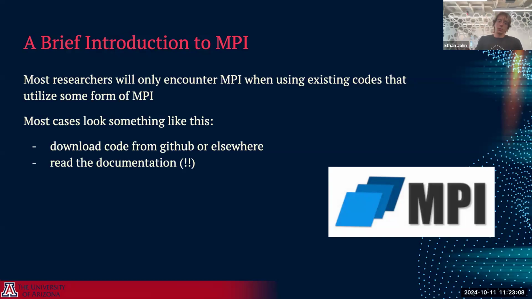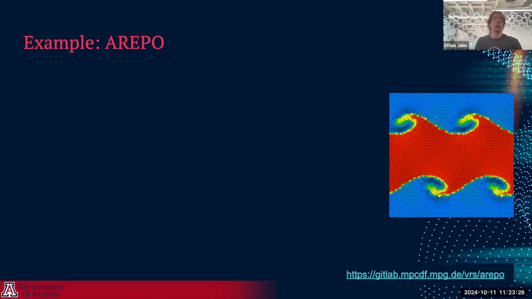So most researchers will really only encounter MPI when you're using existing codes that have already been implemented with it. Most cases for the end user would look something like: download the code from GitHub, read the documentation, perform your setup and configuration as described in the documentation, and then execute the program.